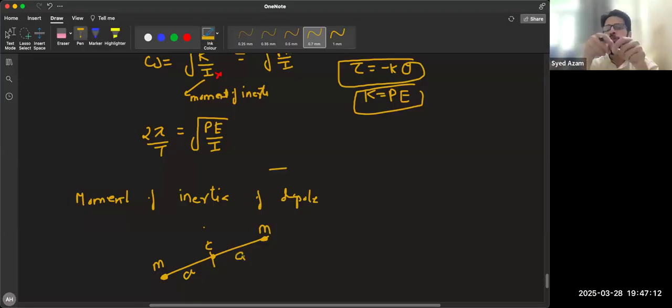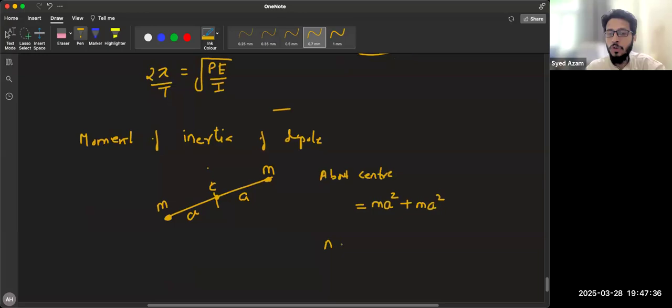I'm taking a because the total length of the dipole is 2a. So if you're calculating moment of inertia about center, then the relation of moment of inertia for a point mass is mr square. So here the moment of inertia is ma square plus ma square. This is about the center.